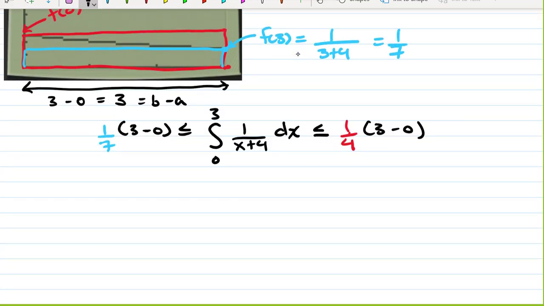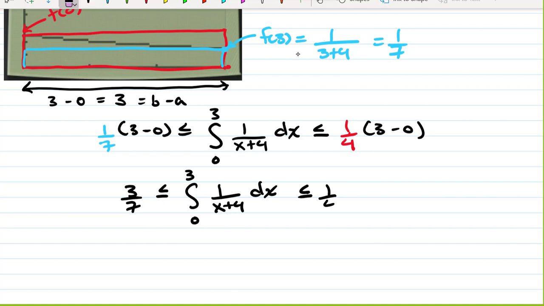So simplifying, we get 3/7 is less than or equal to the integral from 0 to 3 of 1 over x plus 4 dx, which is less than or equal to 1/4 times 3, so 3/4.